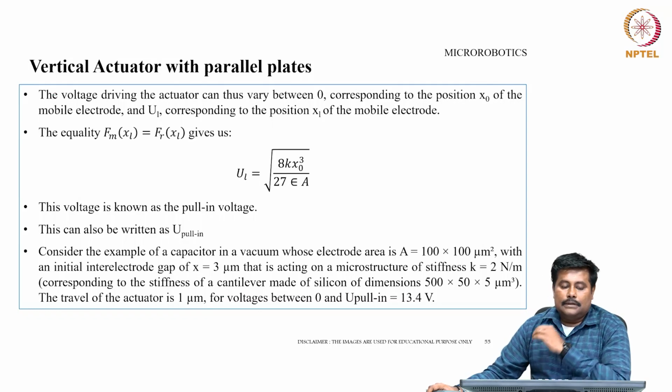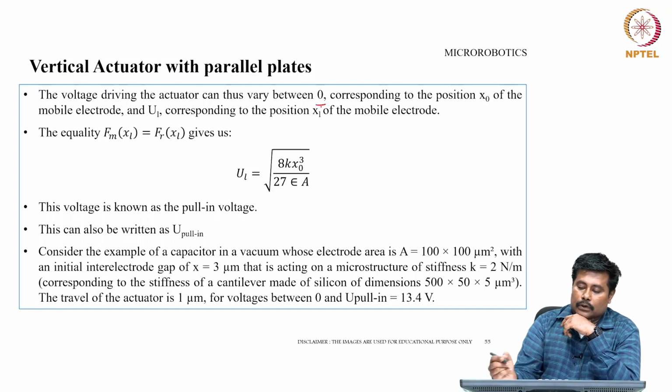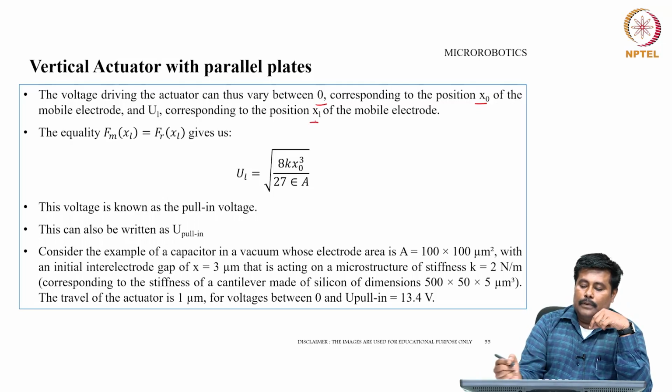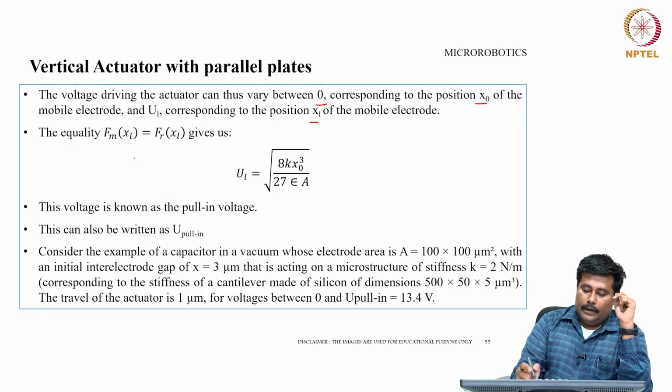Now, let us consider the voltage driving the actuator can be varied between 0 and U1, where X0 is the position of the mobile electrode and U1 corresponds to the position X1 of the mobile electrode. When we try to equate it, this is a fundamental equation which exists.